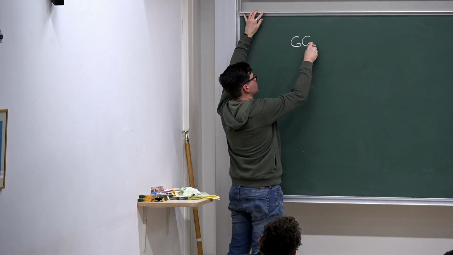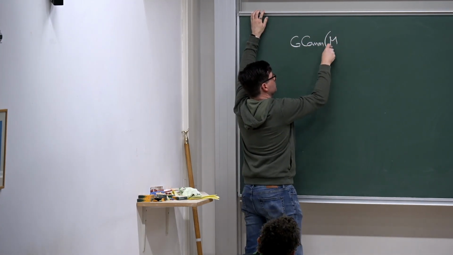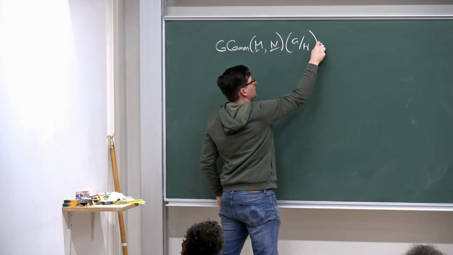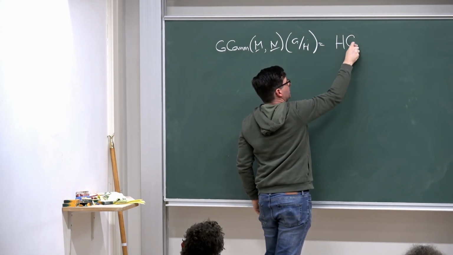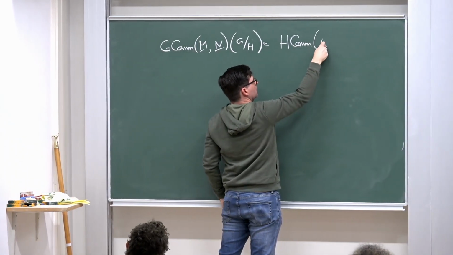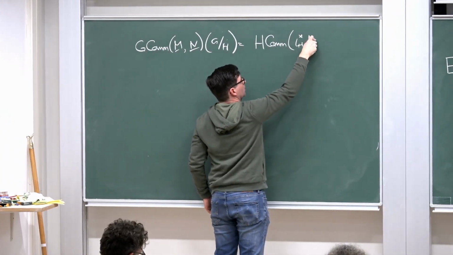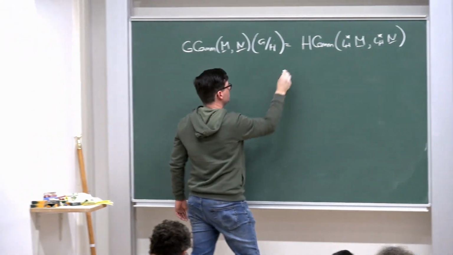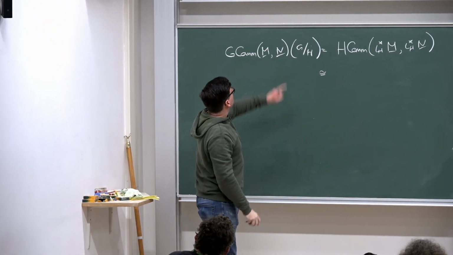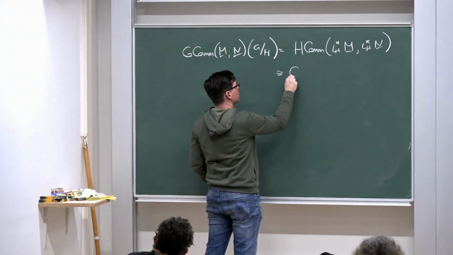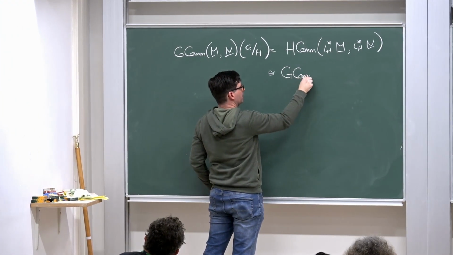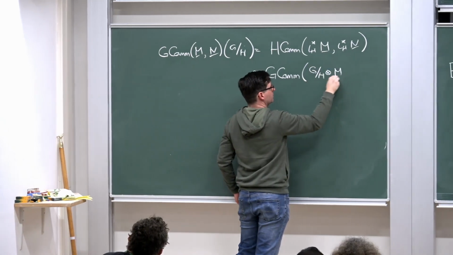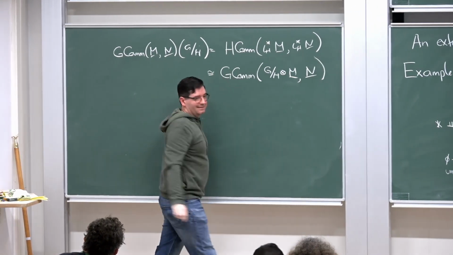Well, the value at G mod H is just the maps of H-commutative monoids from the restriction to H of M to the restriction to H of N, which via the co-induction being the left adjoint here is the G-commutative monoid maps from G mod H tensor M back to N.